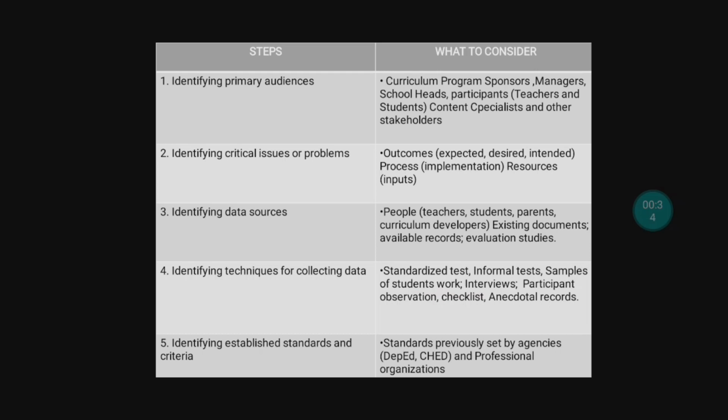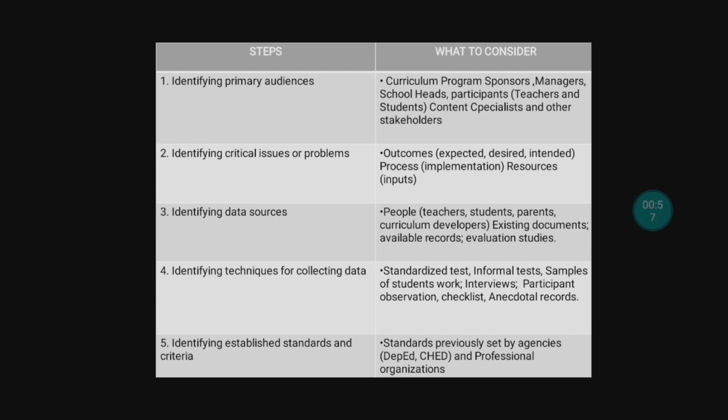Then step 3, identifying data sources from people, existing documents, available records, and evaluation studies. Then step 4, identifying techniques for collecting data, which are standardized tests, informal tests, samples of student work, interviews, participant observation, checklists, and anecdotal records.